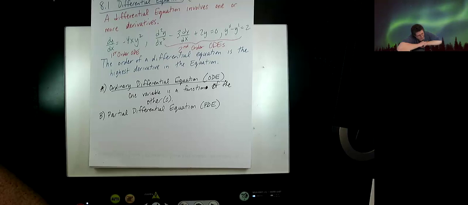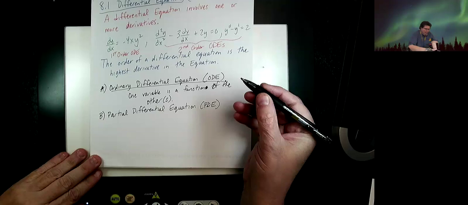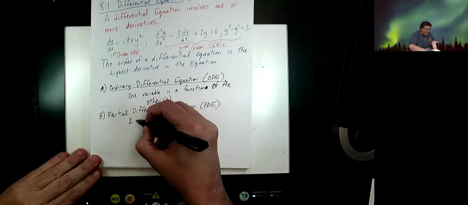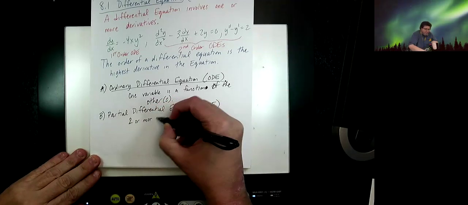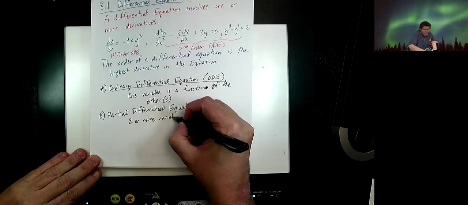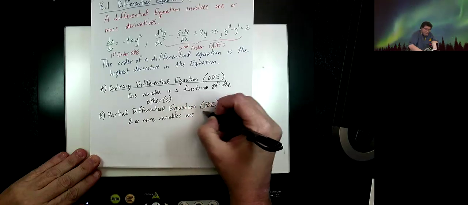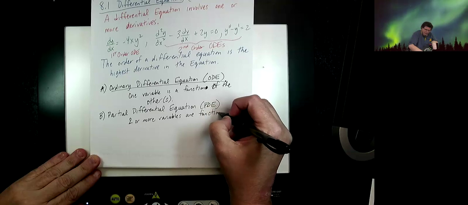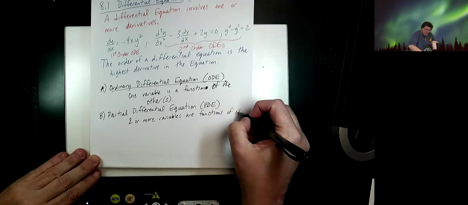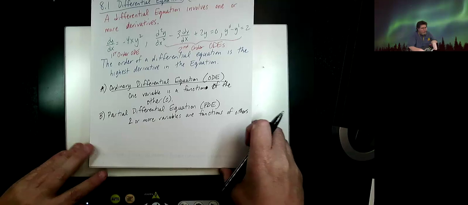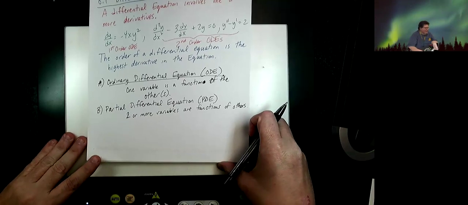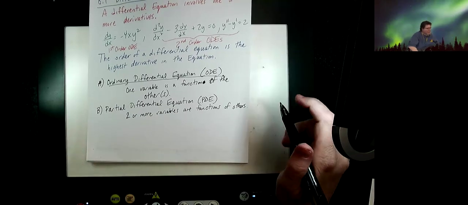It might be a graduate mathematics topic. It's very hard. This is where two or more variables are functions of others. You don't even have the integration skills to contemplate this yet.